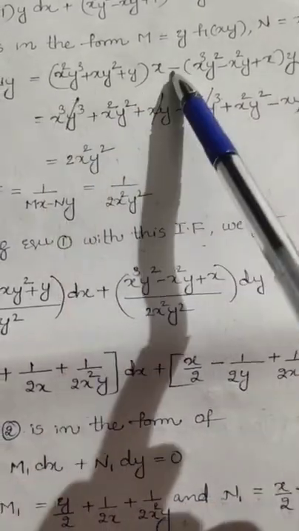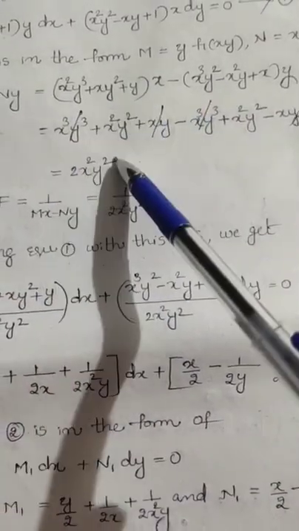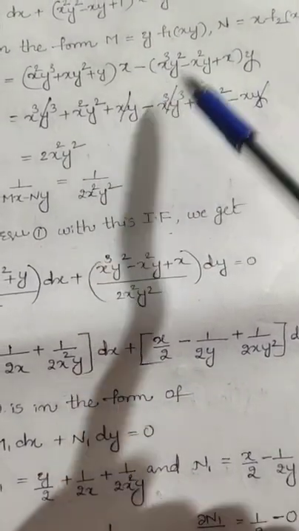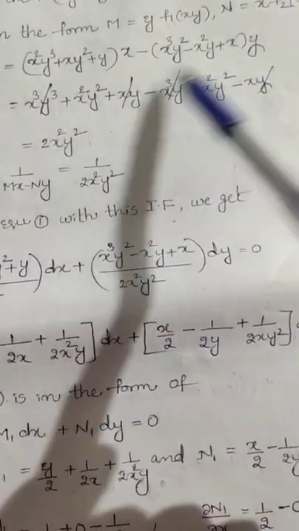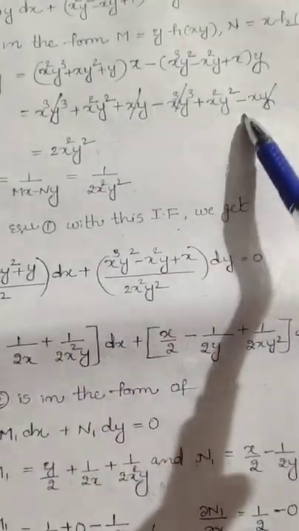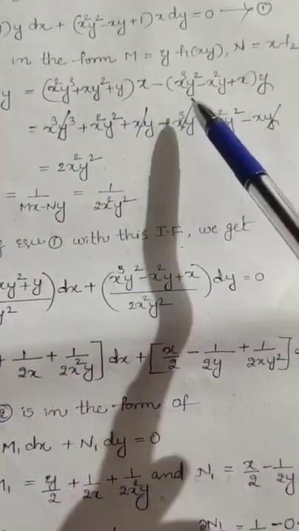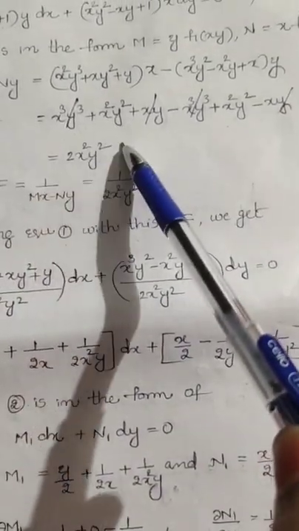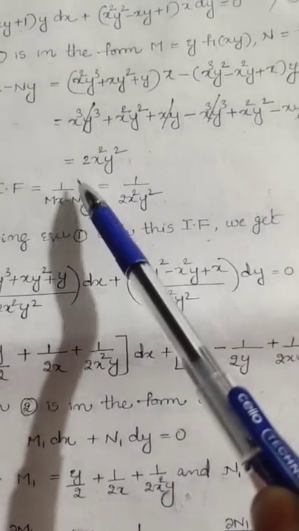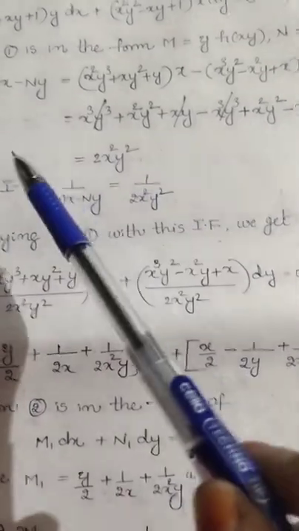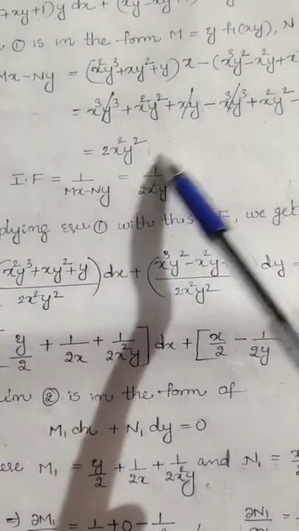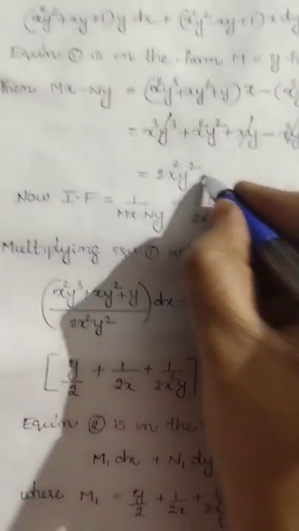So multiplying, x cube y cube plus x square y square plus xy minus x cube y cube plus x square y square minus xy. So here x cube y cube and xy get cancelled, remaining x square y square plus x square y square, that is 2x square y square. So here Mx minus Ny equal to 2x square y square, which is not equal to 0.